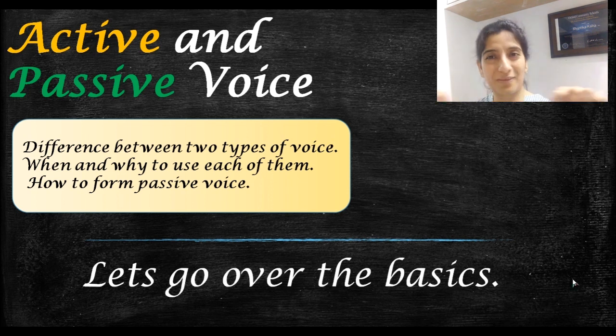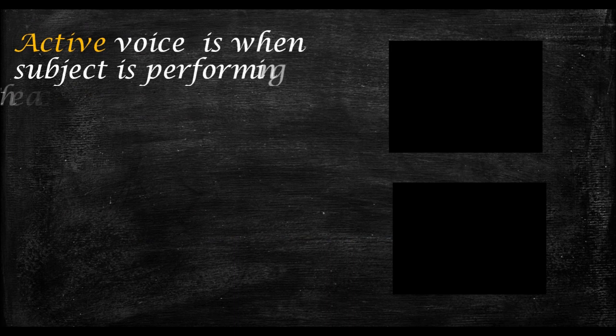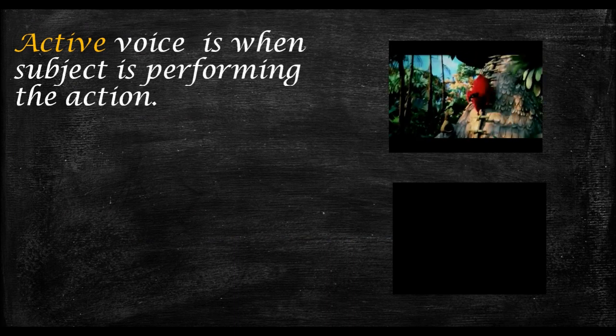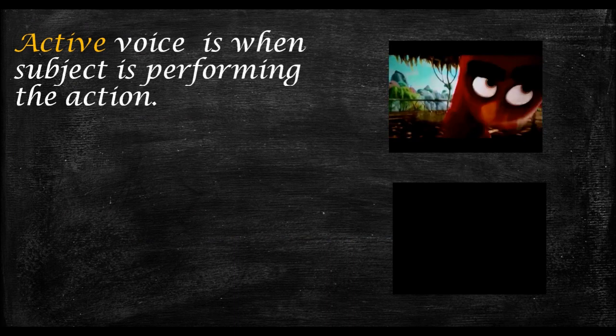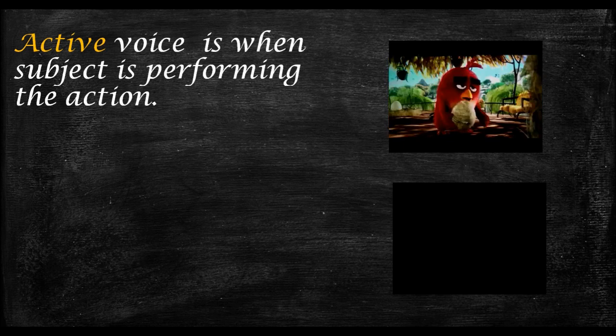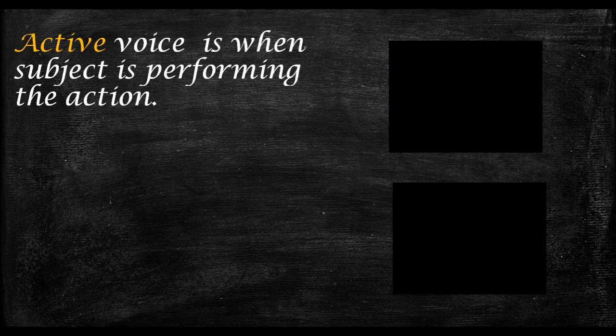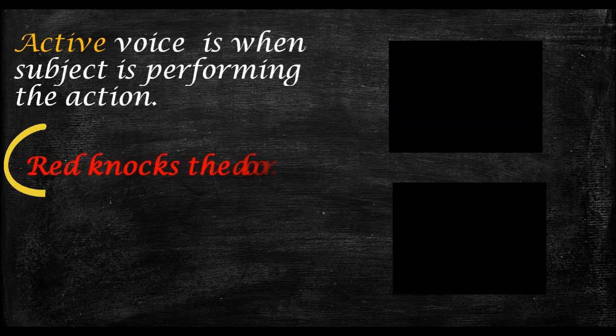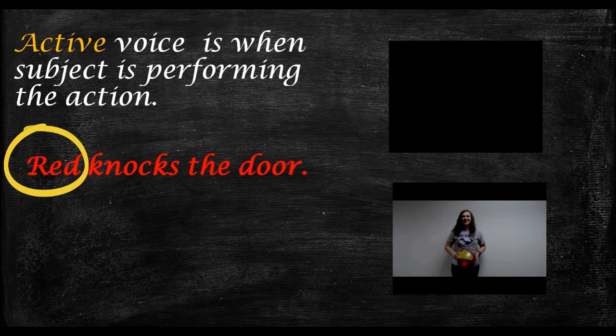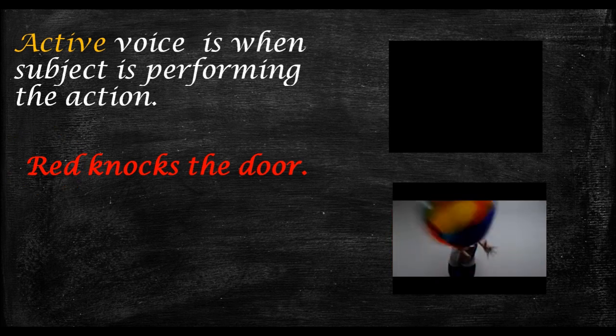So let's go over the basics. Active voice is when the subject is performing the action, like in this video. Red knocks the door and the girl throws the ball.